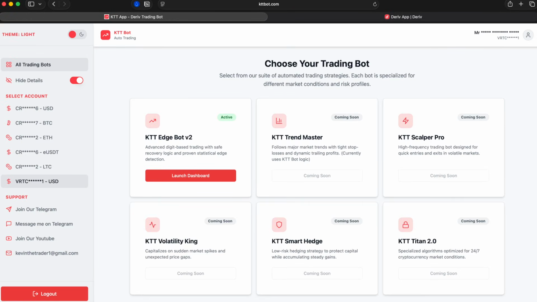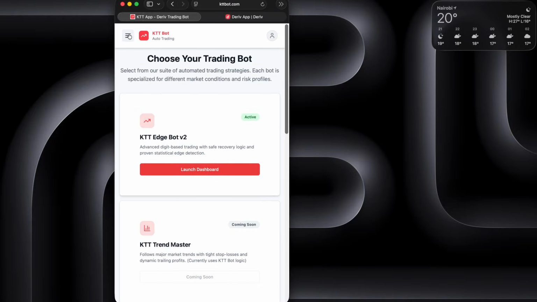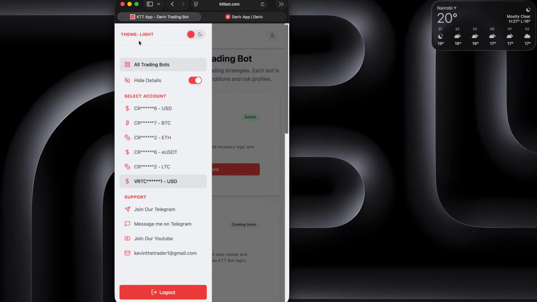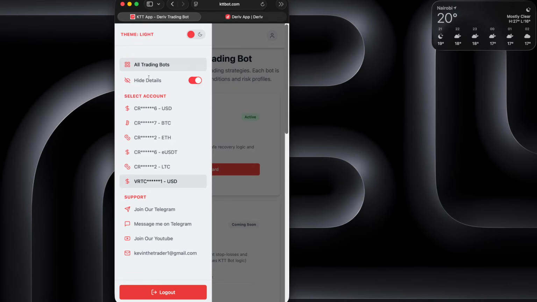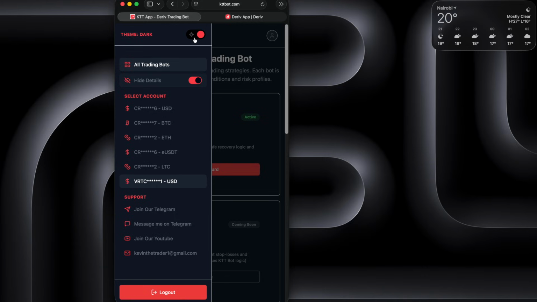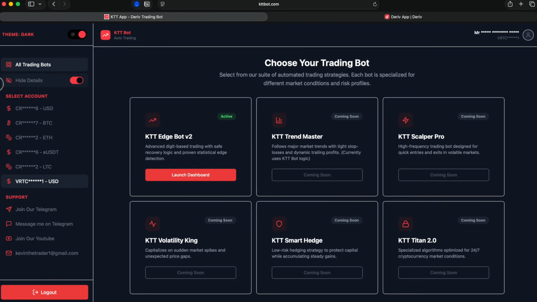This is actually on my laptop, but if you are on your phone, you can see something like this, right? You can see your dark mode and light mode. So this is how your phone will look. I'm just going to take it back to where I was.